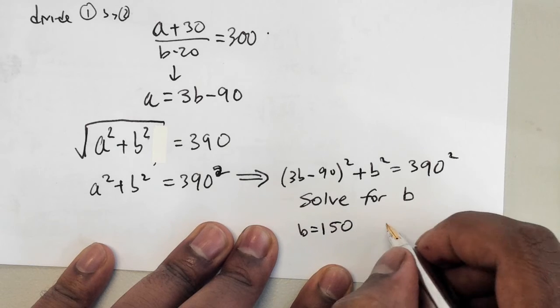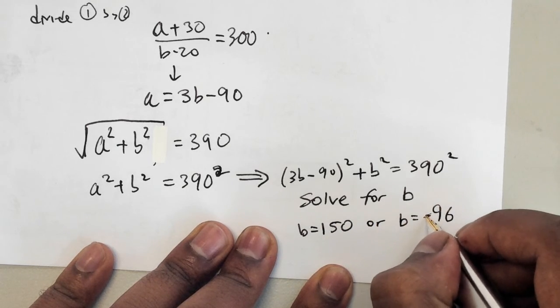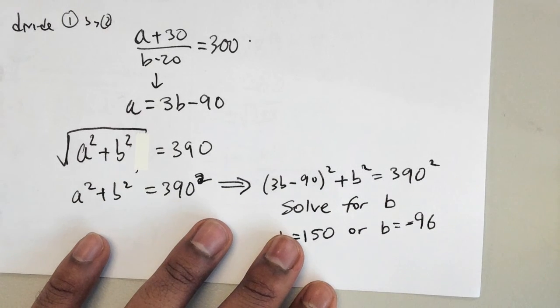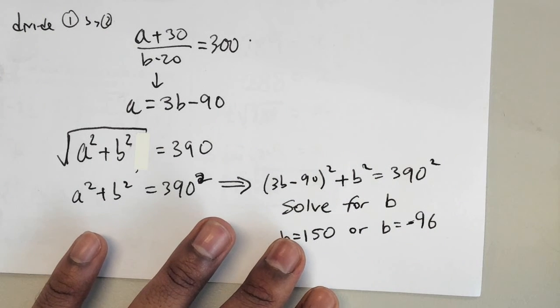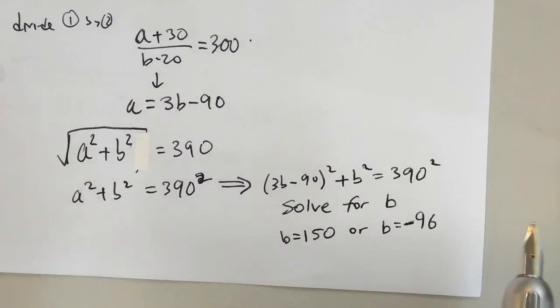Now you can test this with your class pad, but B is going to give me two answers. Normally you would give them both, but it can only be one of them.